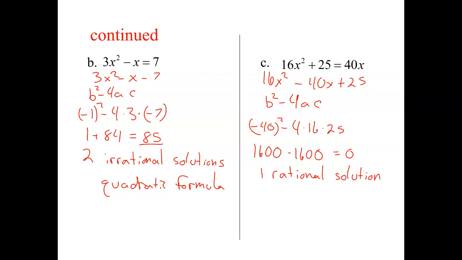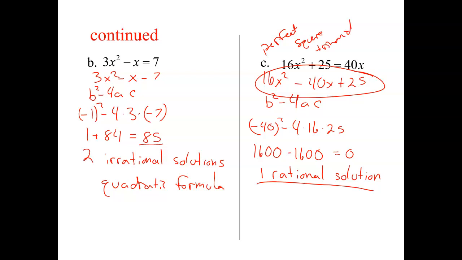Okay? The reason you get one rational solution is because this is a perfect square trinomial. Could you just look at it and tell them? Yeah, but I still want you to find the discriminant. Perfect square. This factors to be 4x minus 5 squared.